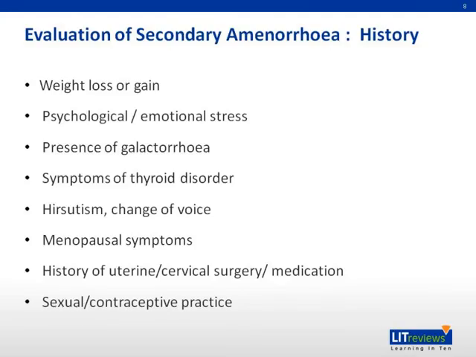So we take a complete history of weight gain, stress, presence of galactorrhea, which can mean hyperprolactinemia or thyroid disorder, hirsutism for cases of polycystic ovarian syndrome, menopausal symptoms for women who have premature ovarian failure, and if possible, history of surgery, especially dilatation and curettage or evacuation, and also sexual practice to exclude pregnancy.